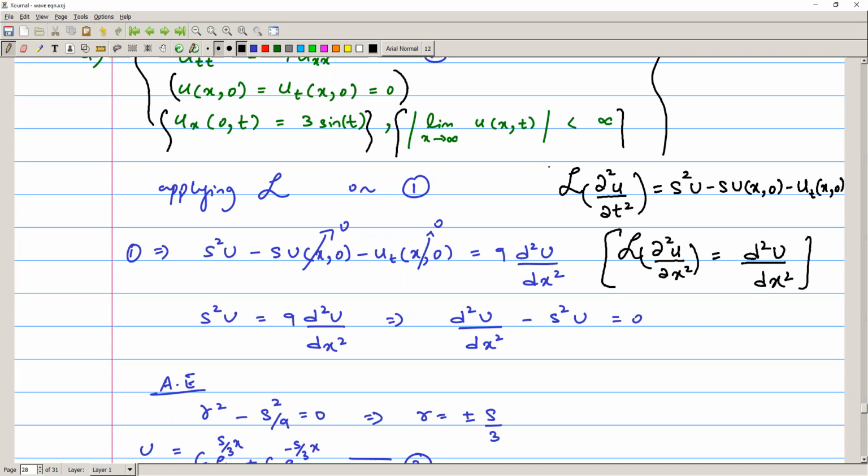So we are going to use these equations. Therefore, equation 1 implies that s²U minus sU(x,0) minus u_t(x,0) is equal to 9 times d²U/dx².